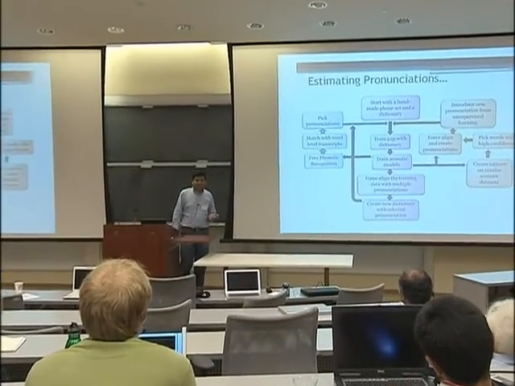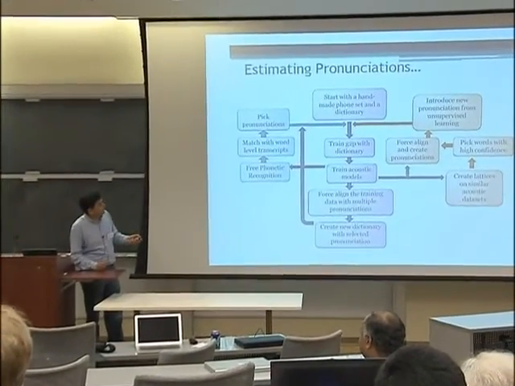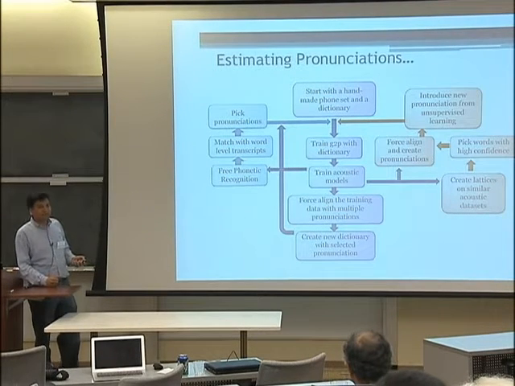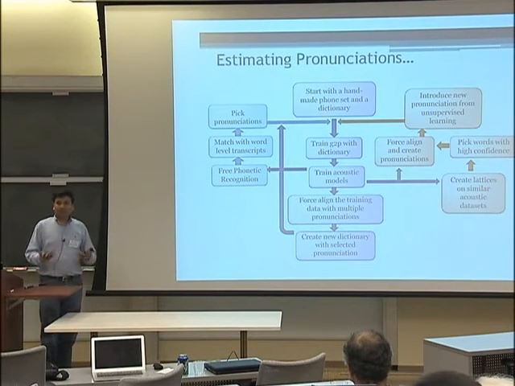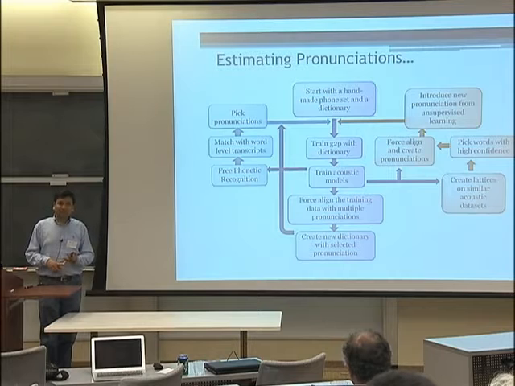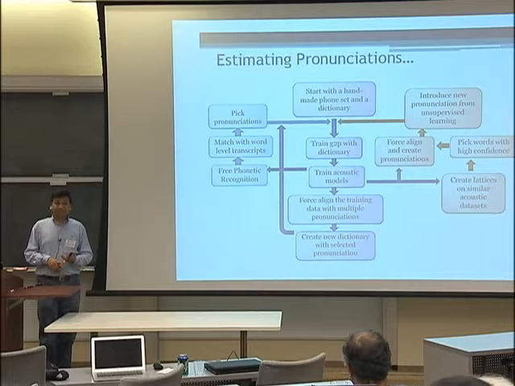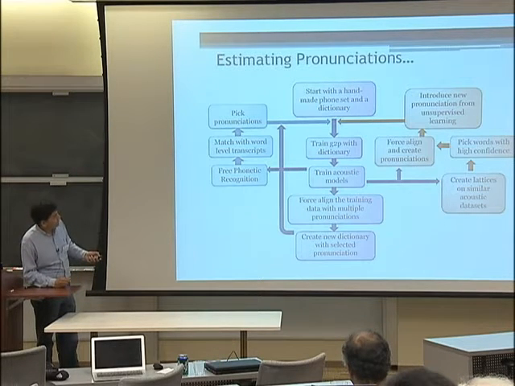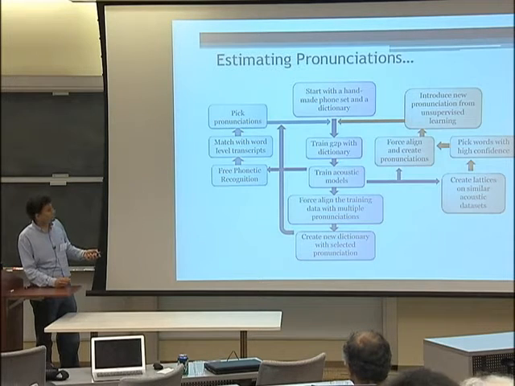So another idea that we would be exploring is unsupervised learning of the lexicon, where we have a lot of acoustic data for which we don't have the transcripts, and if we can use that somehow to add some additional words to our pronunciation dictionary. So what we do here is that we create lattices essentially to get confidence scores on the words and their starting and ending times.